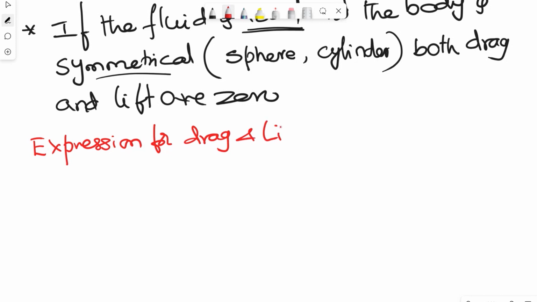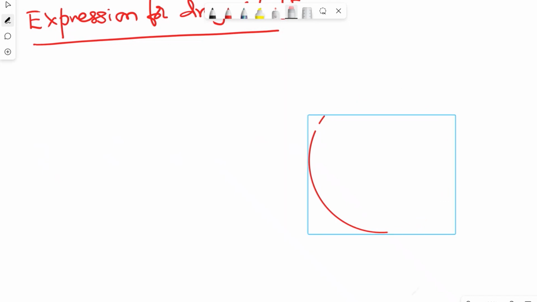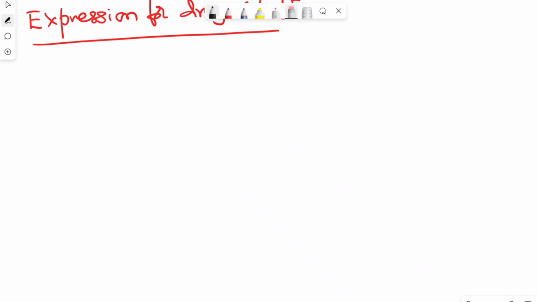I will explain what it is also. For example, take an object. I take some other shape, just for your understanding's sake, like this.